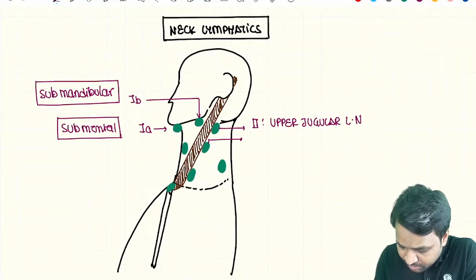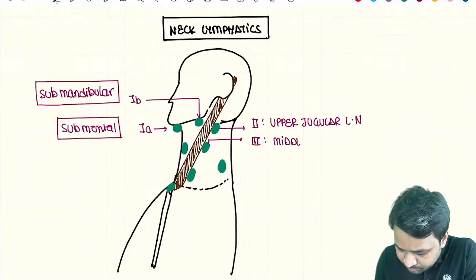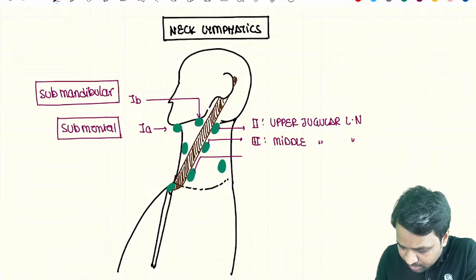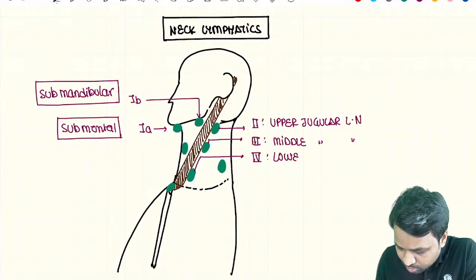Then you have level 3. Level 3 is considered to be the middle jugular. So we had the upper jugular, then the middle jugular, and then you have level 4, which is going to be the lower jugular group of lymph nodes. Level 5 is present in the posterior triangle.